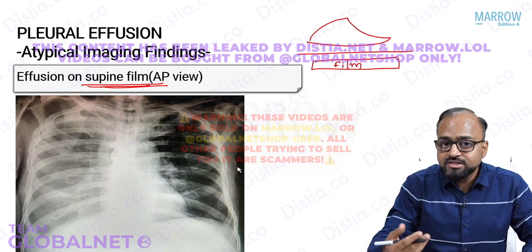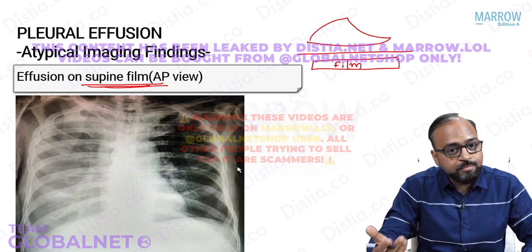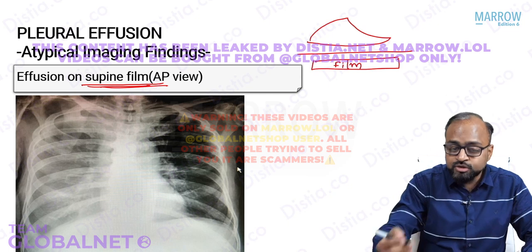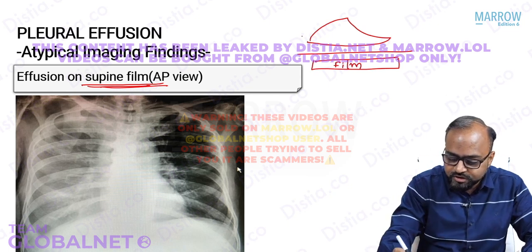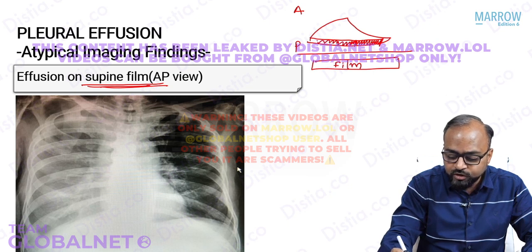Now tell me, at the very start of this discussion, I told you that fluid will always settle down to the dependent part, isn't it? So in the supine position, what is the dependent part? This is anterior, this is posterior. So everywhere along the posterior thoracic wall, this will be the dependent part of the pleural cavity. So the fluid will accumulate entirely in this portion here.